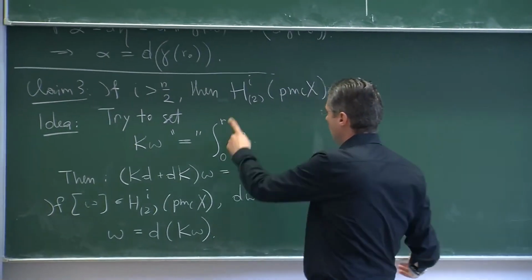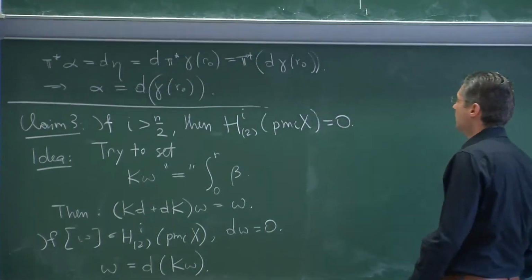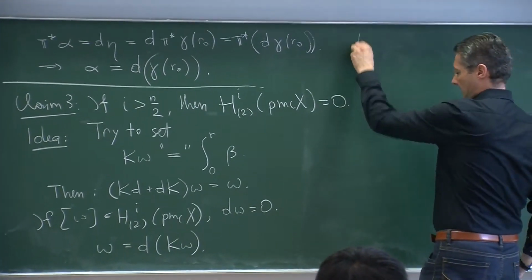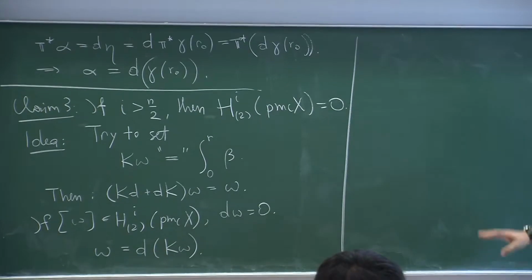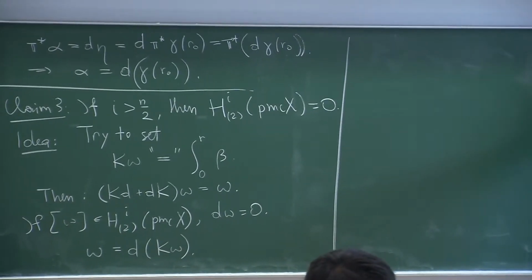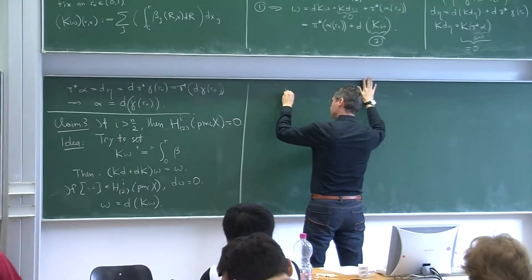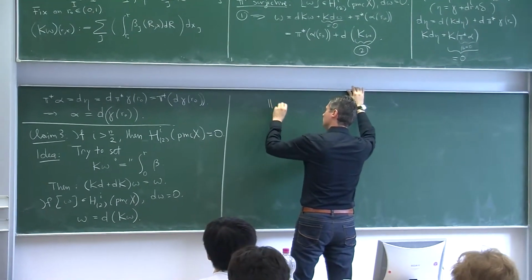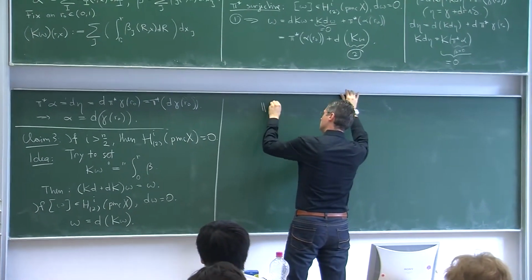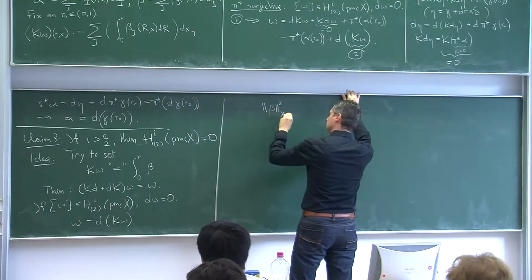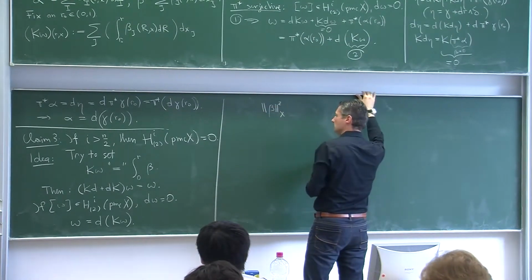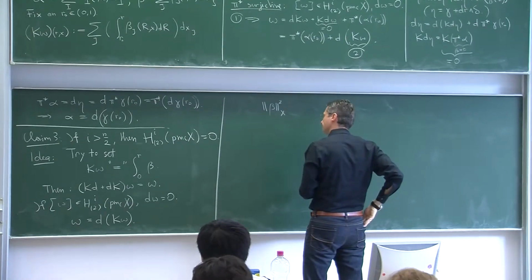So what one has to see is that this integral exists, and this I won't discuss any further. What you have to do is essentially look at an integral, of course.